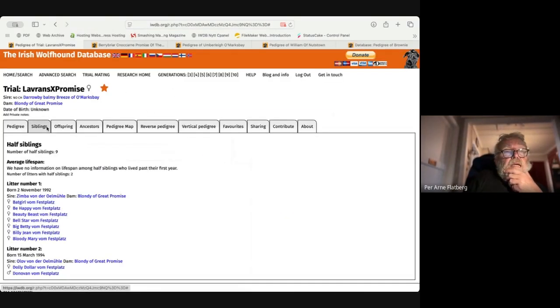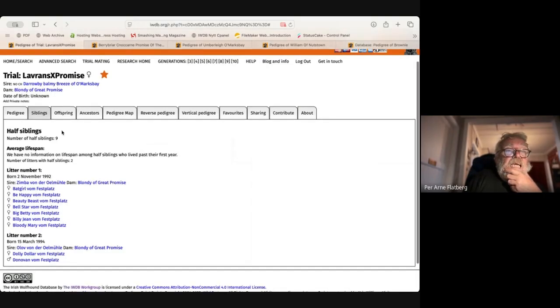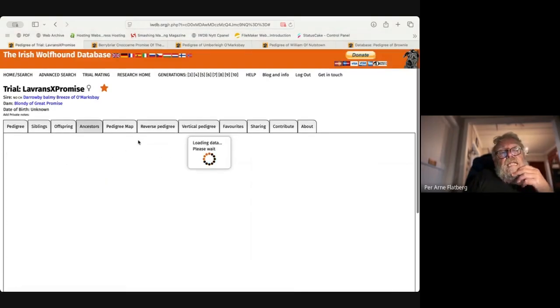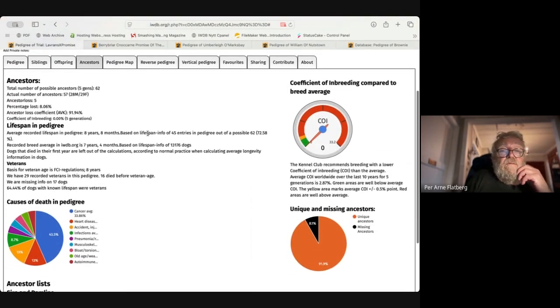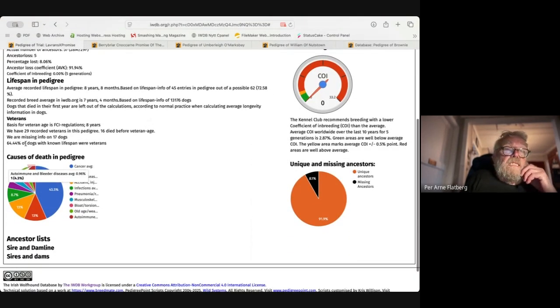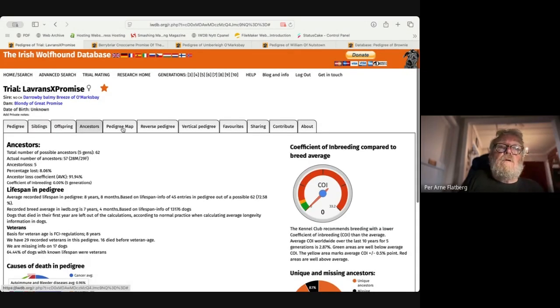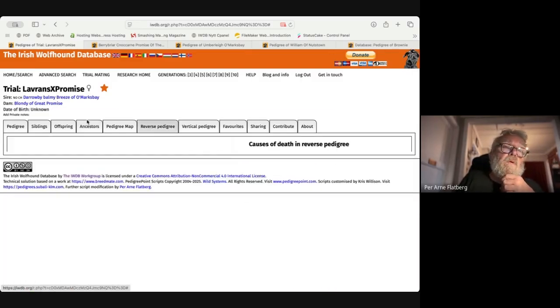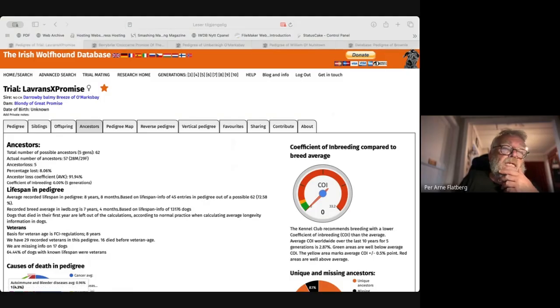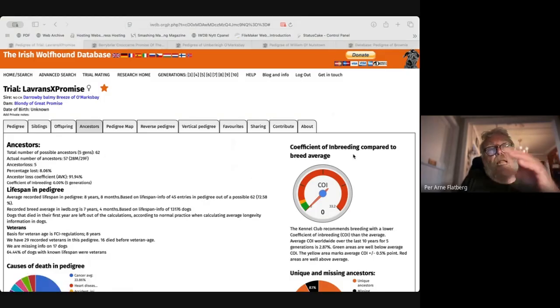But if I do that, I can still look at siblings, half siblings in this case. I can still look at ancestors and have all these coefficients calculated for me. See the cost of descent pedigree. I can use the reverse pedigree, the vertical pedigree, etc. Maybe not the reverse because there's no offspring here. And the pedigree map will appear, but it will probably take about an hour before all the calculations are done in the background for that one.